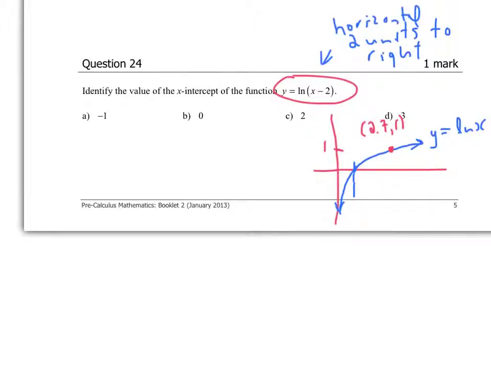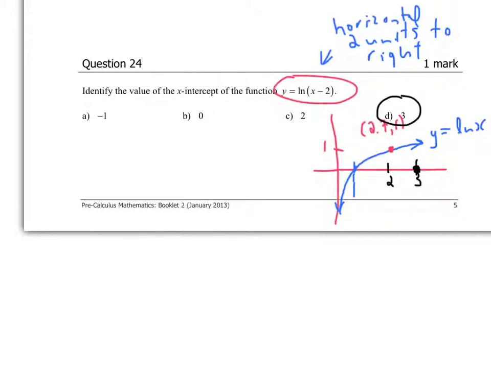The reason it's to the right is because of the -2 inside the brackets. If there were no brackets there, it would be down 2. But it's a horizontal translation, 2 units to the right. So that, of course, is going to move the x-intercept over 2 units to +3. So the answer to this question, I wrote over it, but it is D.